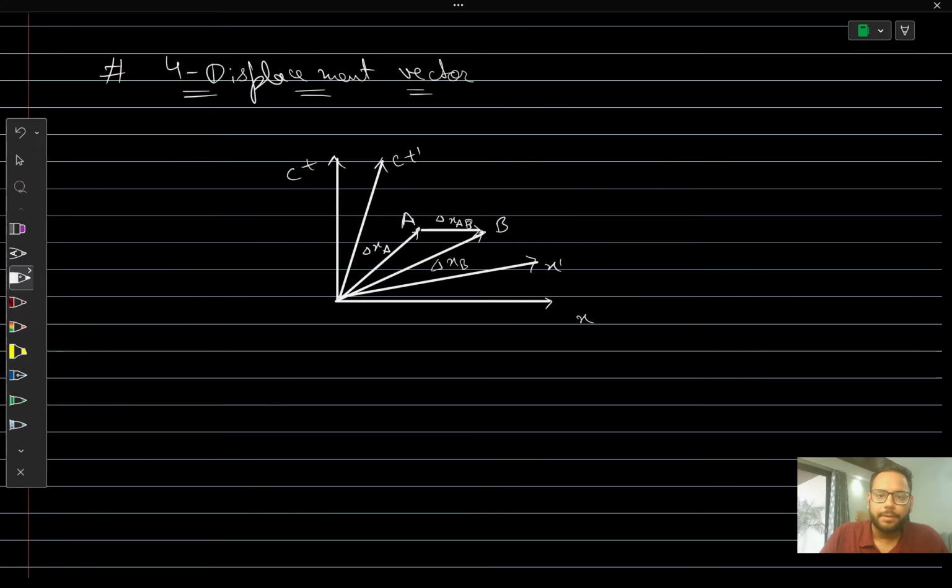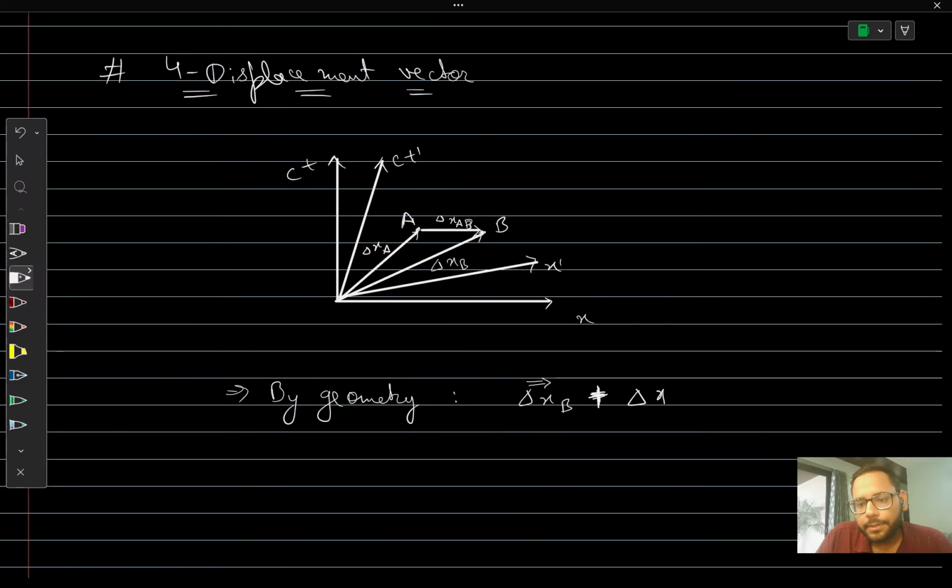By the triangle law, by geometry, you can write that del x, this is a 4 vector of course, is equal to, sorry, this is plus.